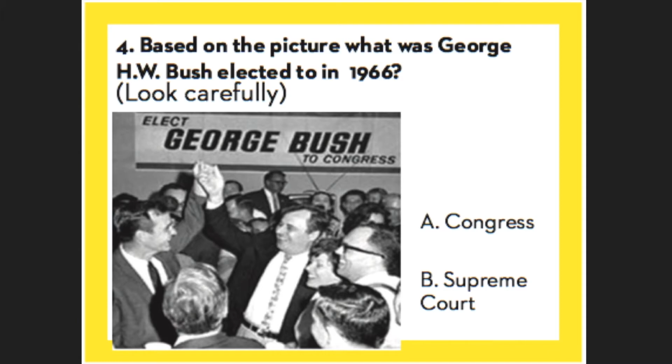It even says look carefully. So your options are going to be A, Congress, or B, Supreme Court. Your options will be A, Congress, or B, Supreme Court. Going to give you guys a minute.